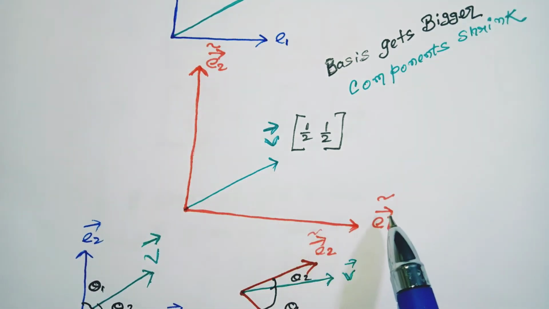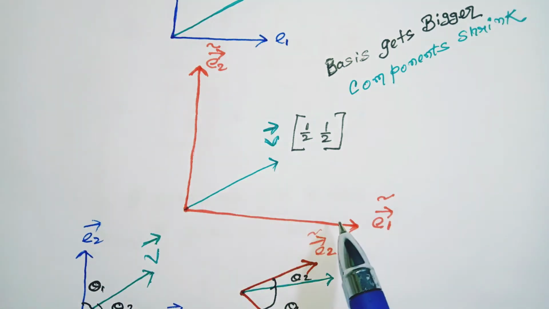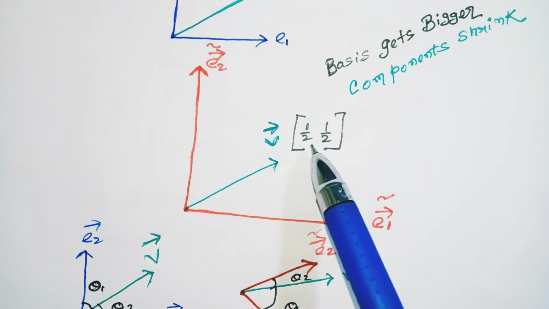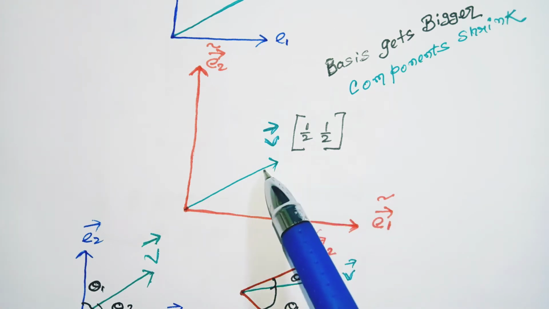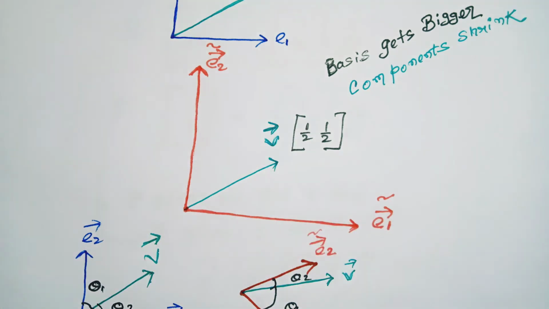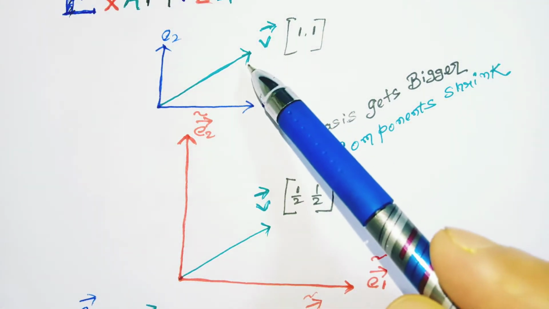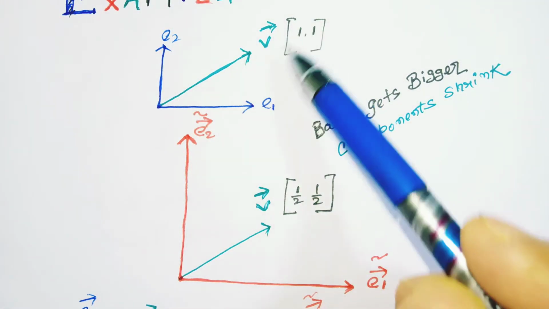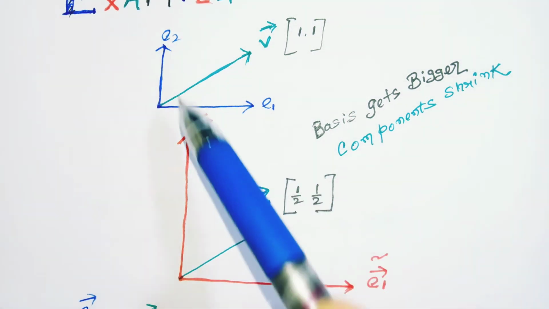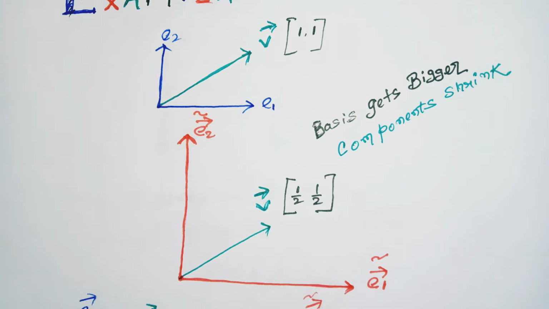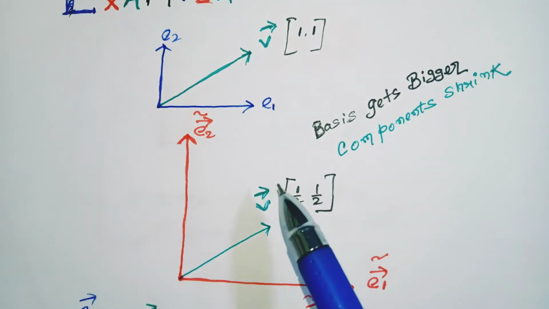E1 tilde and E2 tilde have grown up to this size, and vector V has shrunk to half, although it looks like it has shrunk, it has been invariant, which we have dealt with in the earlier video. The size of the vector V remains the same, but because the basis vectors have increased, it looks like it has gone down, it has shrunk.